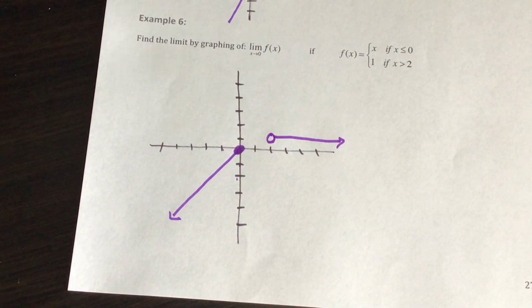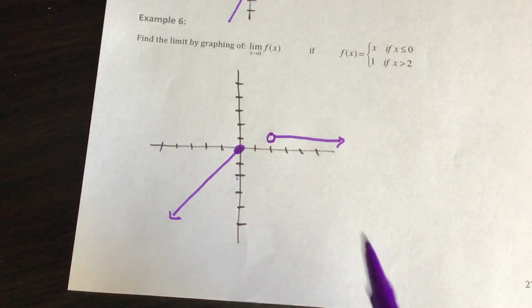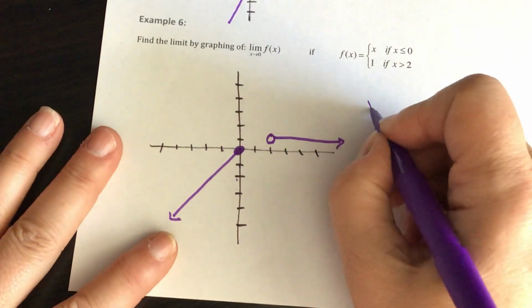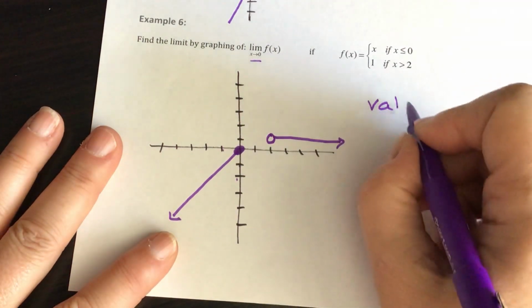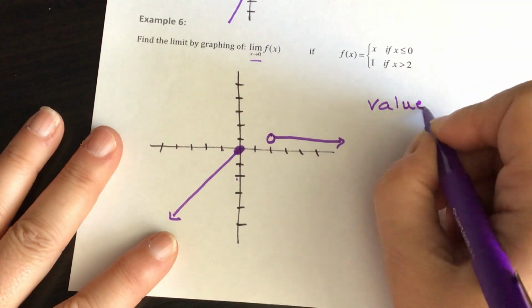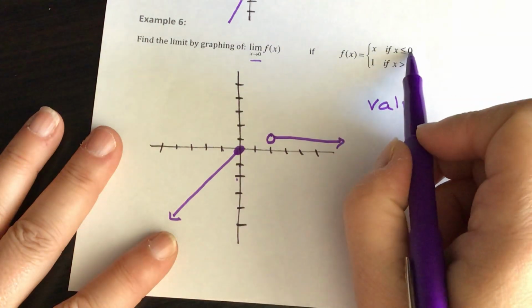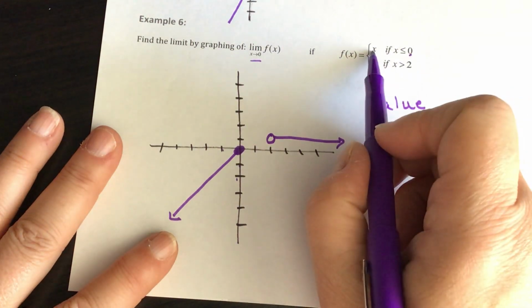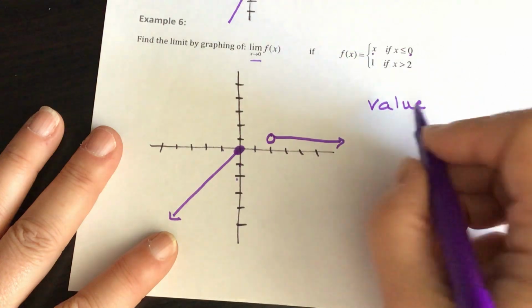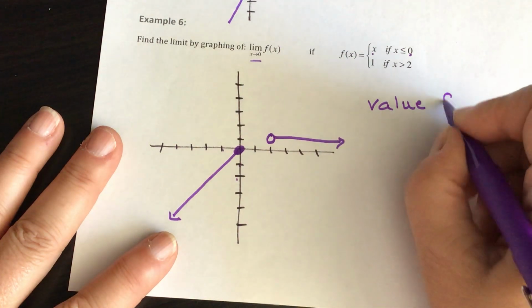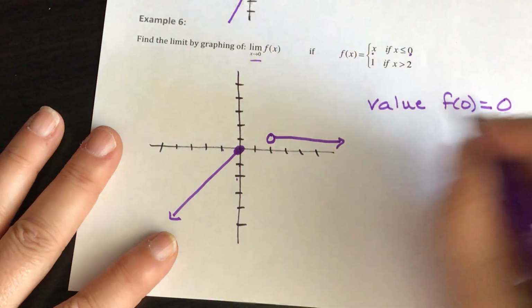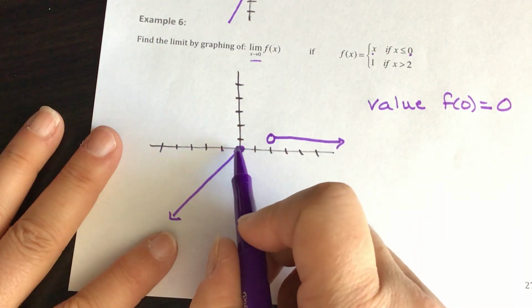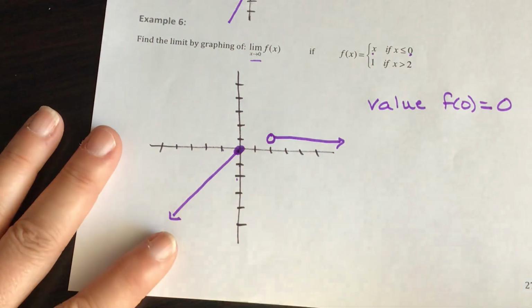All right, so in this graph, the value of the function at x equals 0 falls here, and that would be 0.